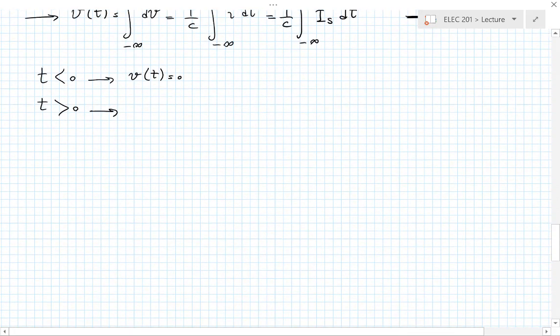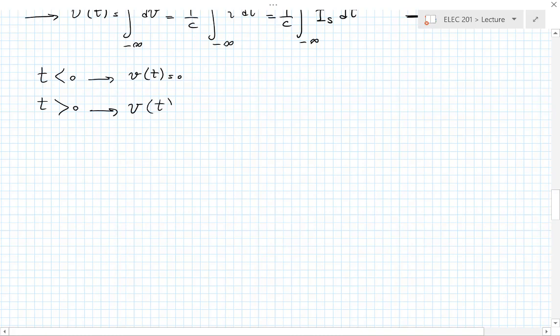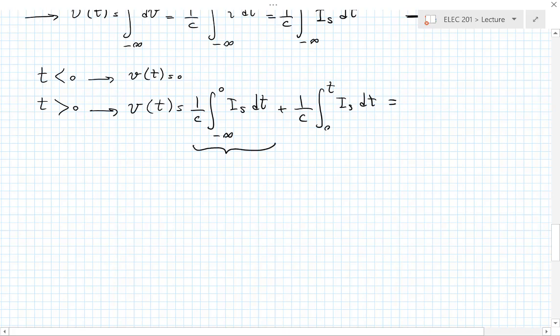So V of t becomes 1 over C, the integral from minus infinity to 0 of Is dt plus the integral from 0 to time t. And the first one is simply 0, because for time less than 0, Is was simply 0.